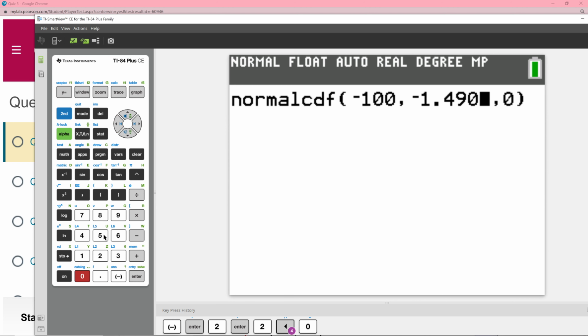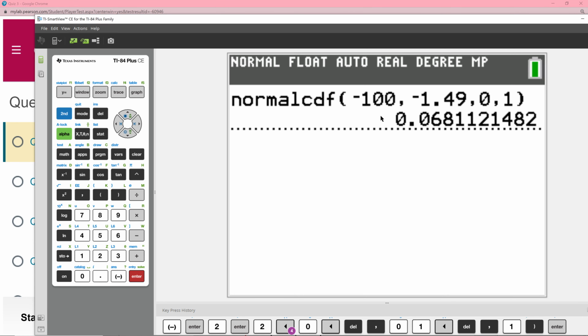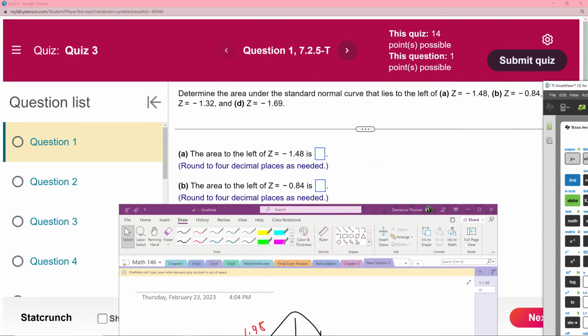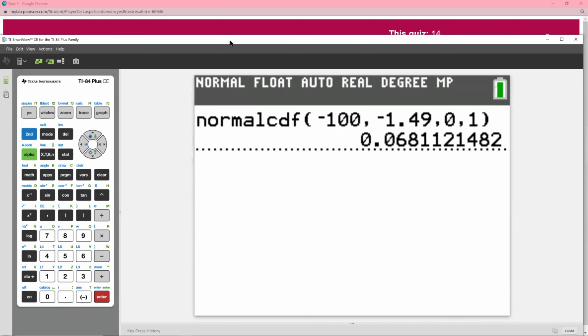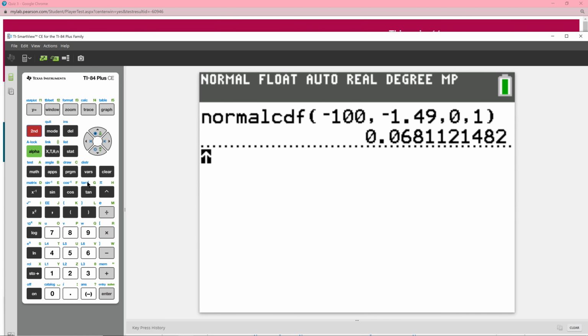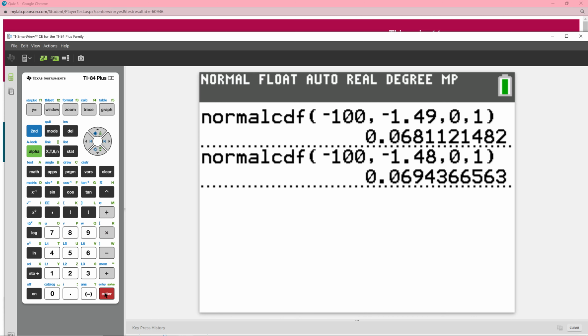The mean should be 0, and the standard deviation should be 1. There we go. So we're getting 0.068. Let's make sure. Did I get negative 149? Oh, it's negative 148? Alright, that does make a difference, so we need to change that as well. .0694.